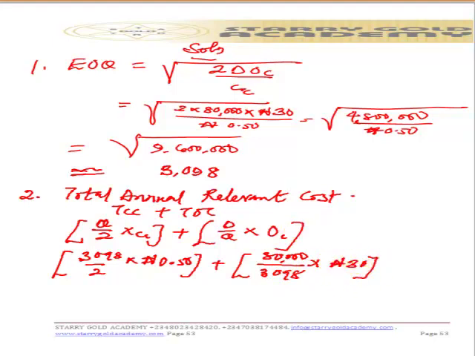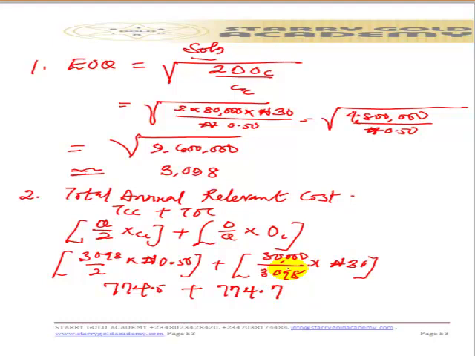So 3,098 divided by 2 times 0.50 will give us 774.5, plus 80,000 divided by 3098 times 30, that's 774.7.